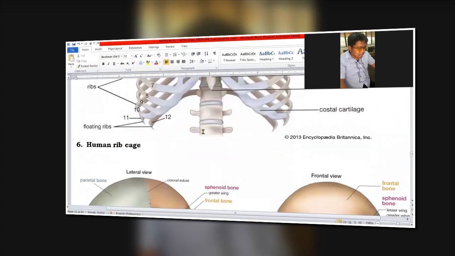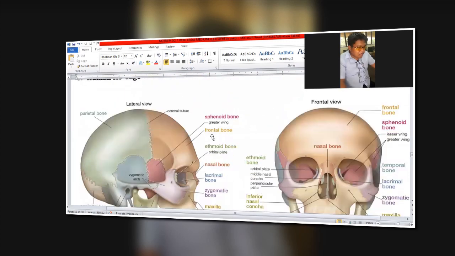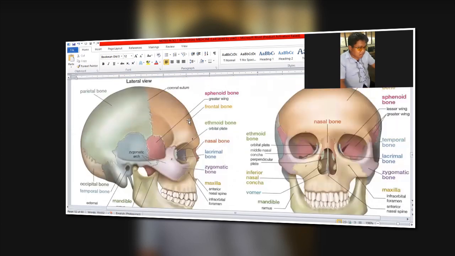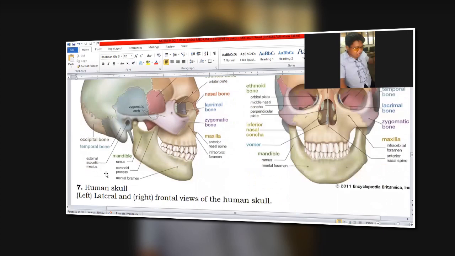Then the skull, the lateral and the frontal view. This is the frontal bone, sphenoid bone, cranial structure. Parietal bone here. Occipital bone, the one at the back. Temporal bone, this hole is the external acoustic meatus.